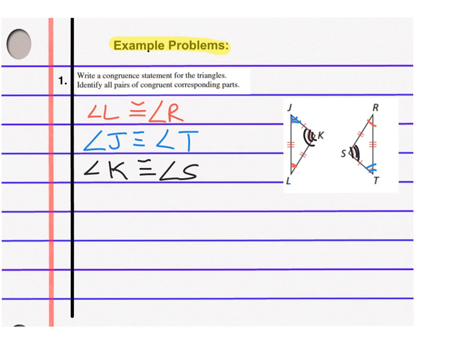Let's start with JK with 1 tick mark right here. JK is congruent to TS. Oops, nope, I just drew that in the wrong place, didn't I? To TS.